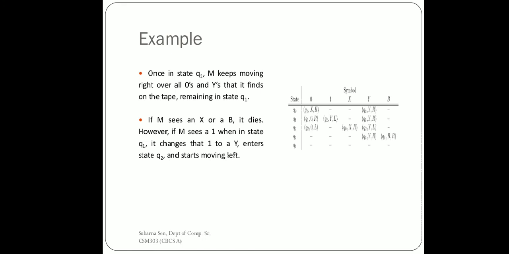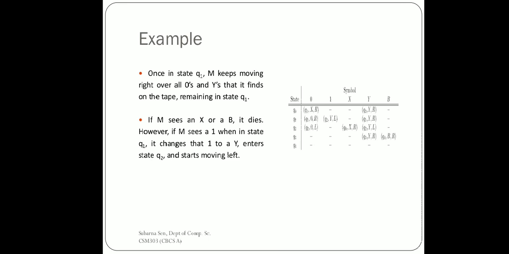We are dedicatedly mentioning two different states, where one state's responsibility is to change zeros to x and the other state's responsibility is to change 1 to y, right? Whenever it gets a 0, we will change it to x later, no issue. Now it will keep on scanning y, but whenever it gets a 1, it will change it to y.